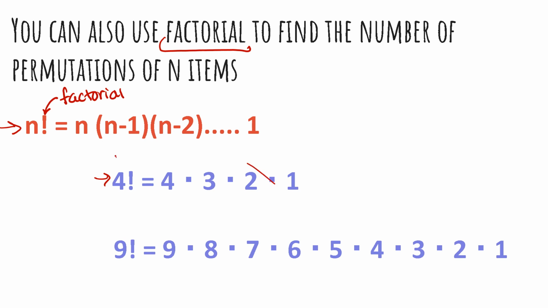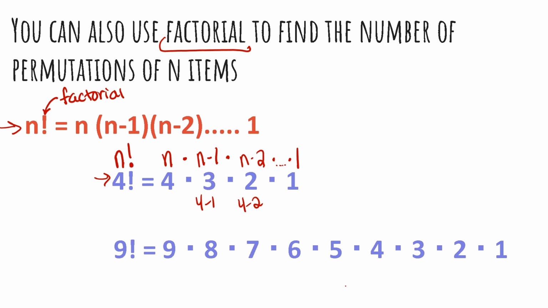All right, just to show you how the little formula relates to this example. If we're doing some number factorial n, we take that number, in this case 4, and we multiply it until we get down to 1. So we do the first number n, which is 4, and then multiply that by n minus 1, which is 3. Then we do n minus 2, which is 2, and we keep going until we get to the number 1.